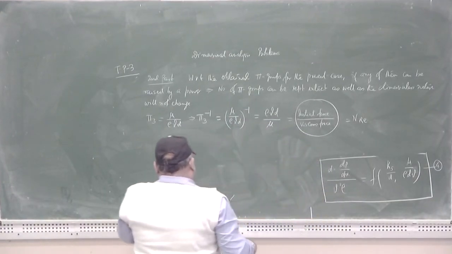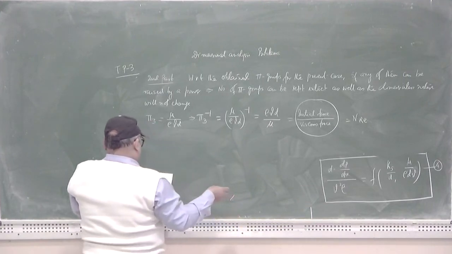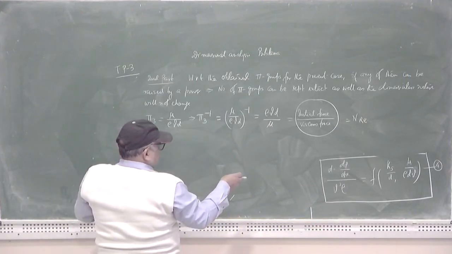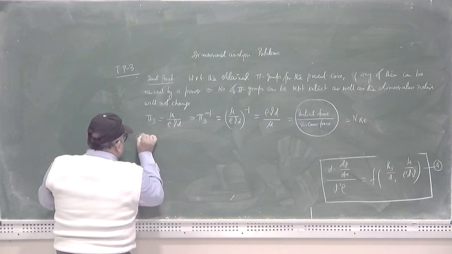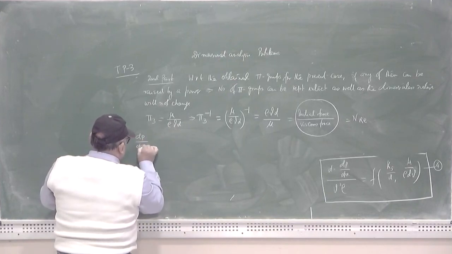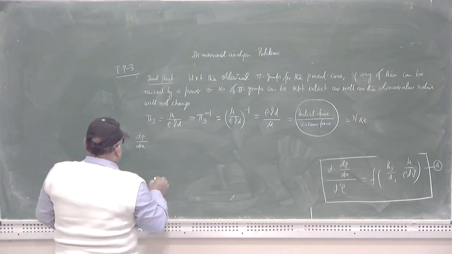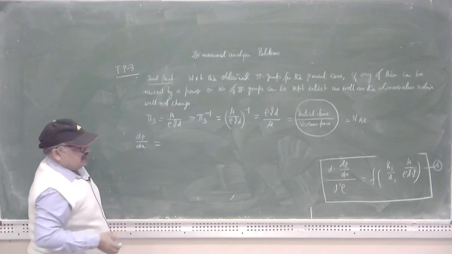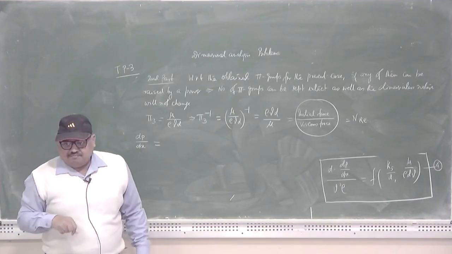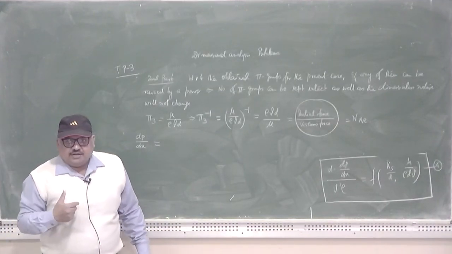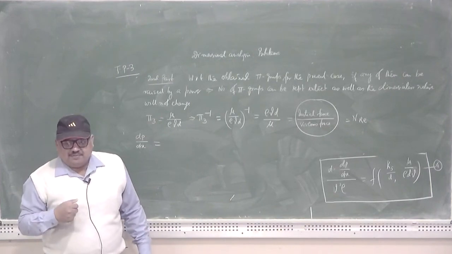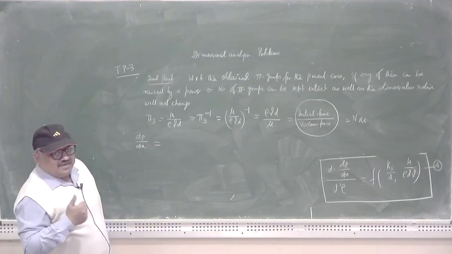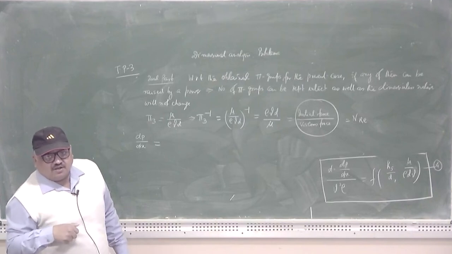So, the equation number 4. Now evaluate this quantity dp by dx. Considering a column in which there is a liquid having the density rho, g the acceleration due to gravity, and hf, let us suppose this is the frictional head loss.